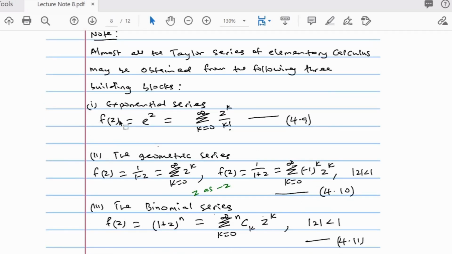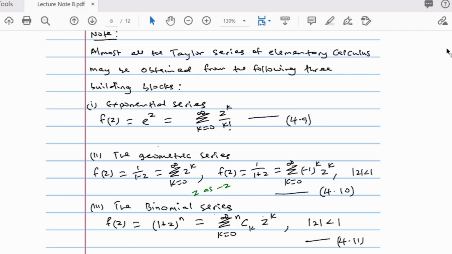Is that okay? So if you are given f of z to be e to the power of z, this is the Maclaurin, this is the Taylor series at z0. The power series at z0 equals 0 of f of z is this series. Okay, that's the exponential series. Don't forget this.